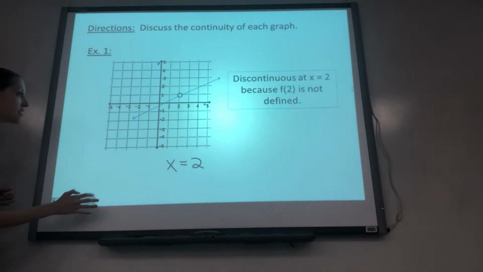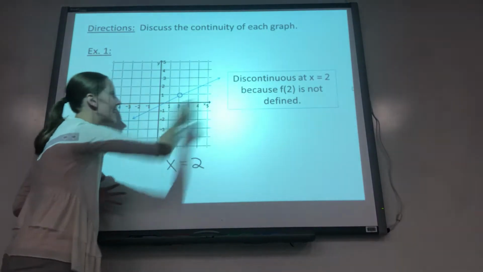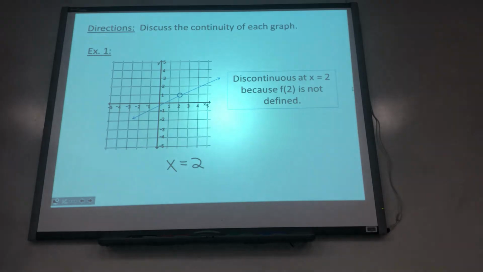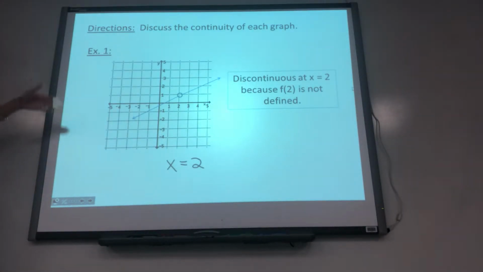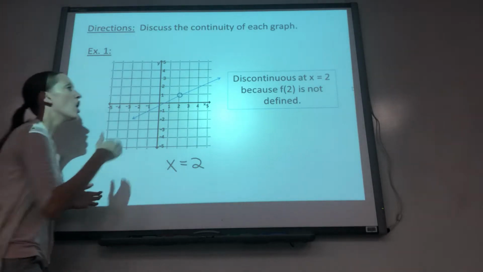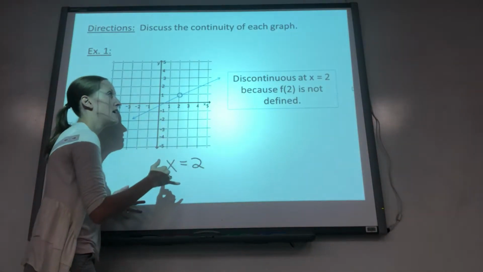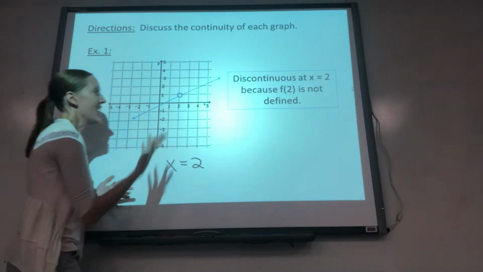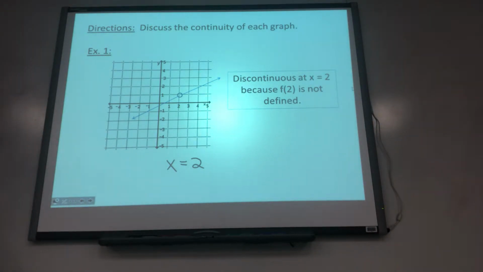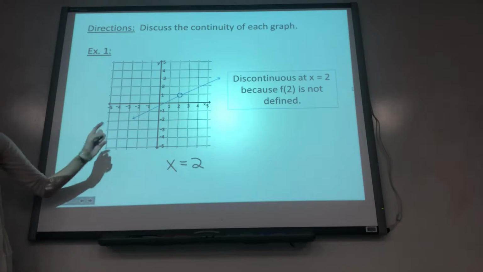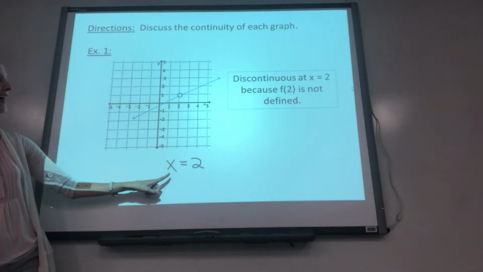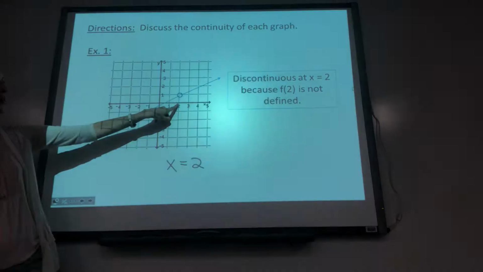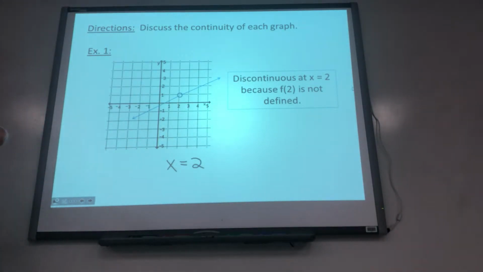And so here's what I would say, and again, you have to be specific. You have to use the x value and tell specifically which condition is not working. I said discontinuous, or you could say not continuous, at x equals 2 because f of 2 is not defined.